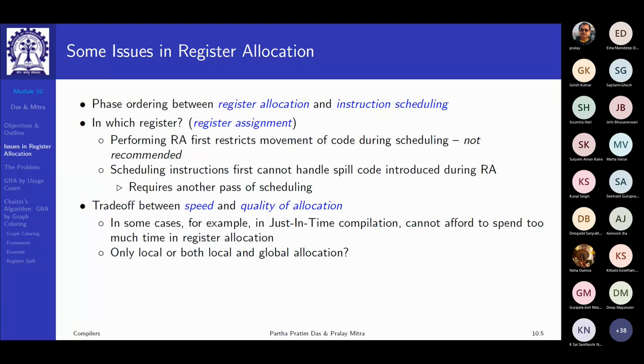Next, the question is, obviously, as you allocate registers, once you have allocated registers, then you have to do the actual code generation, which is corresponding to your 3-address instruction. You have to generate the assembly instruction, which is available for that processor, which is processor specific stuff, which is known as instruction scheduling.